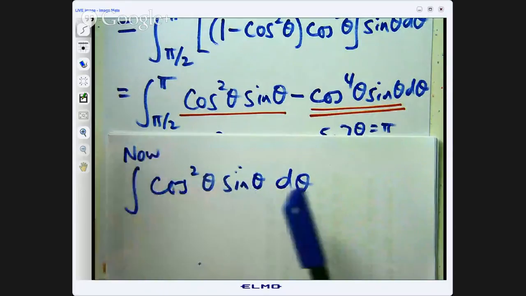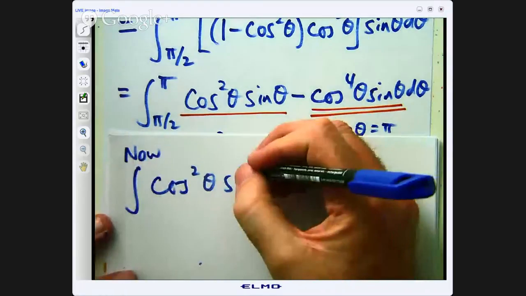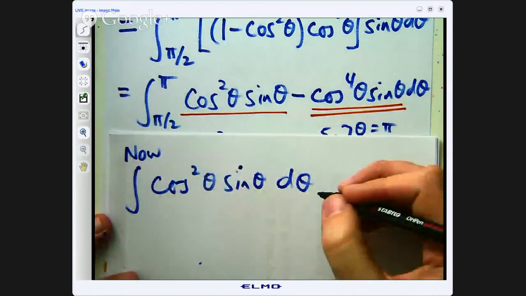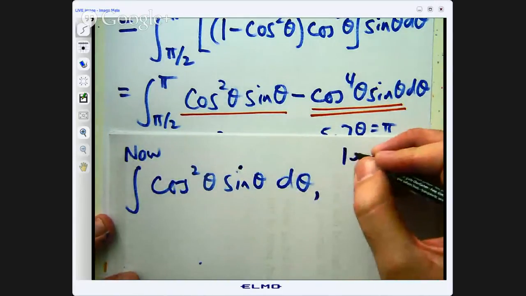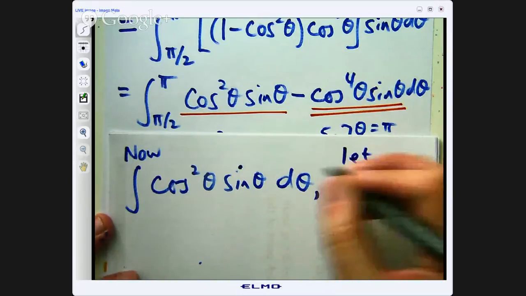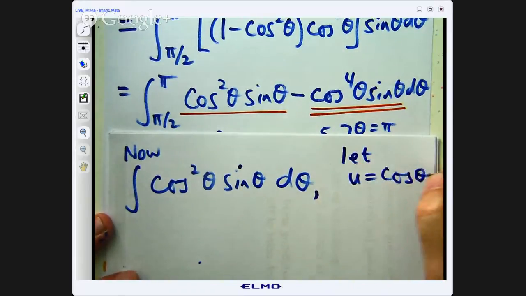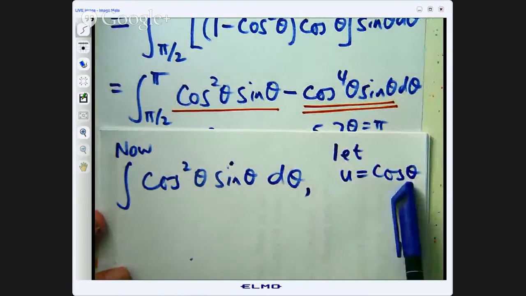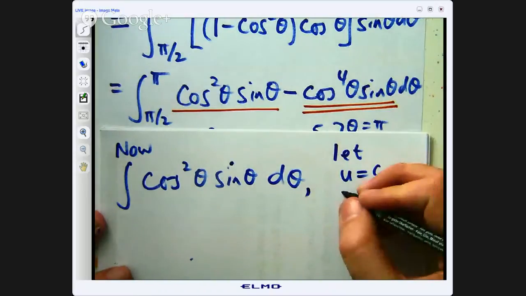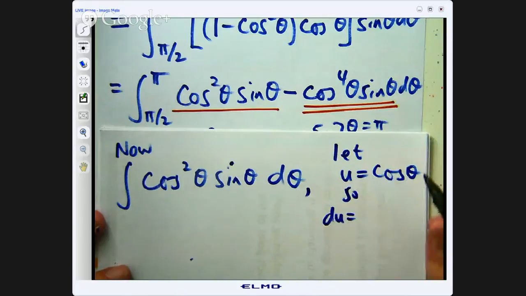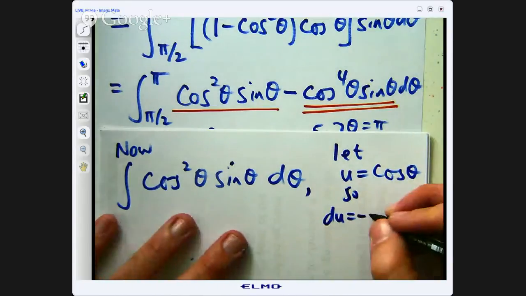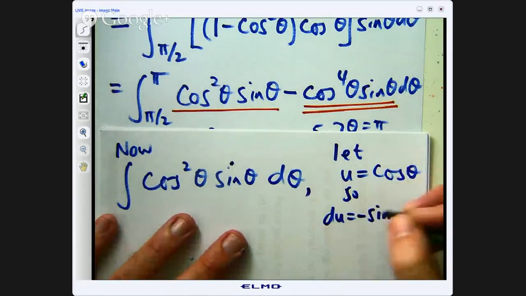Cosine and sine, well, sine's almost the derivative of cosine. So I'm going to let u equal cosine theta. If u equals cosine theta, what's du? du equals negative sine theta d theta, because the derivative of cosine is negative sine.